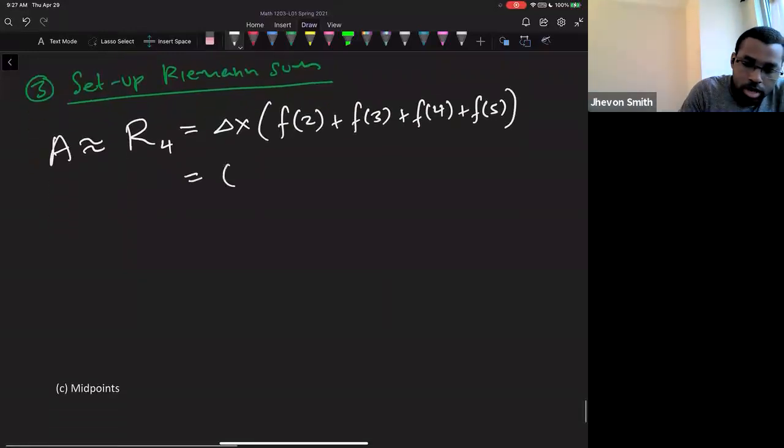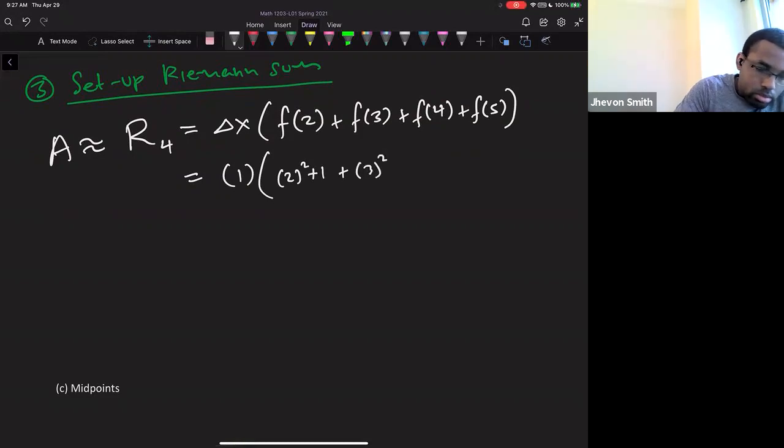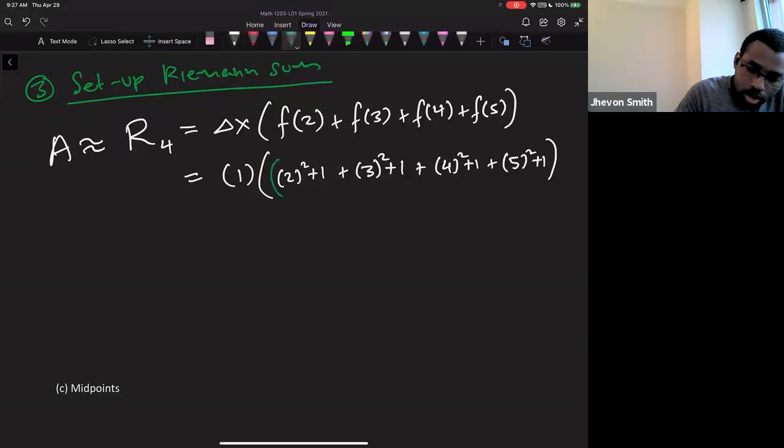So that's going to be 1 times 2 squared plus 1 plus 3 squared plus 1 plus 4 squared plus 1 plus 5 squared plus 1. And we're plugging in the points into the original given function.